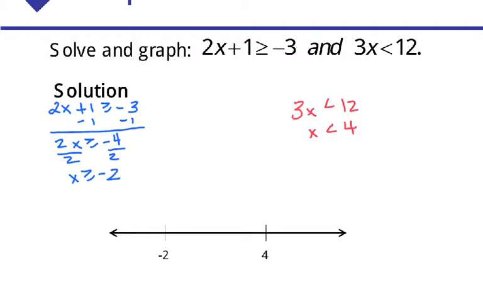So here we're going to start at negative 2, and it's going to be a filled in dot because it has the equal to. And then we're going to go greater. So that is a graph of the solution for this particular inequality. Over here, we're going to start at 4 with an open circle, and we're going to go less than.